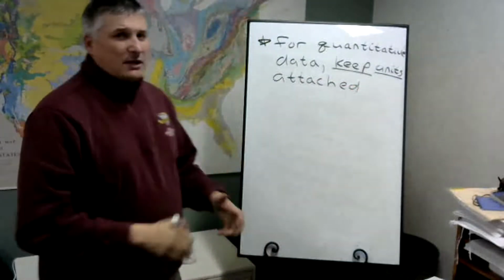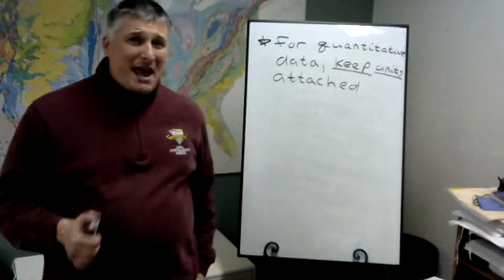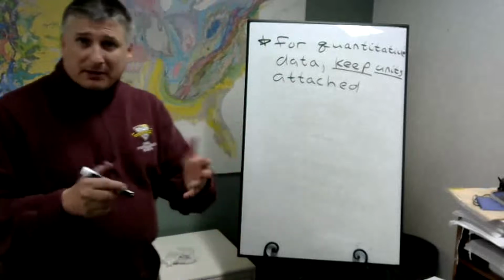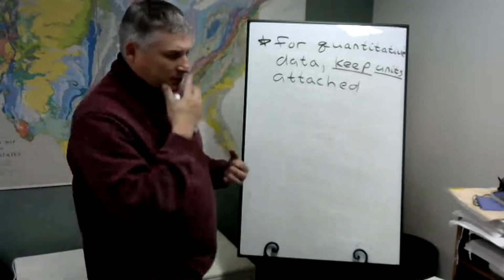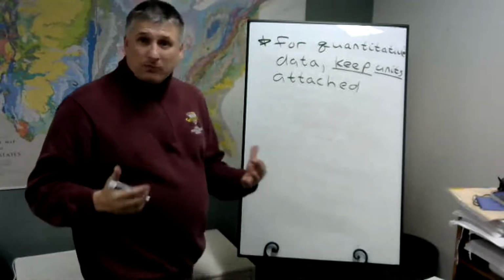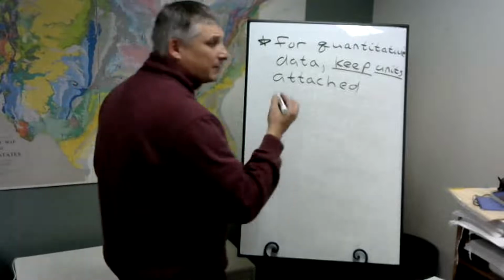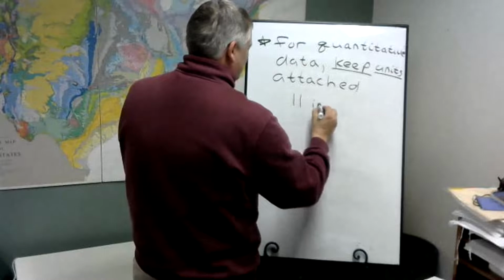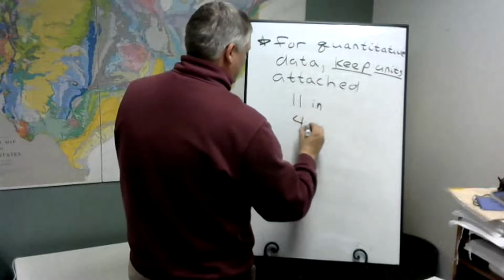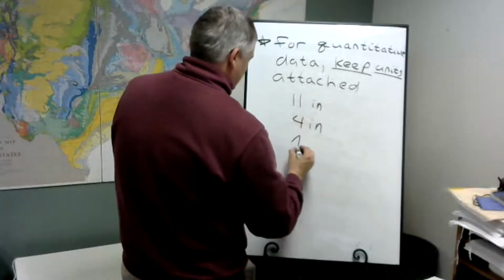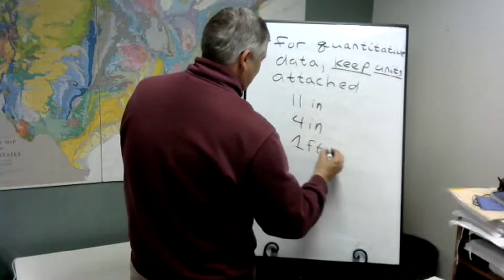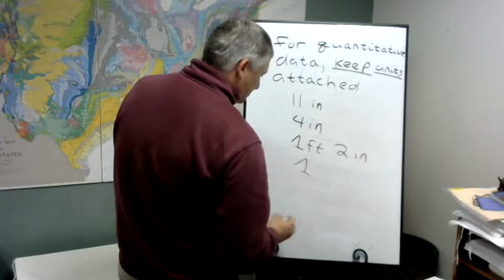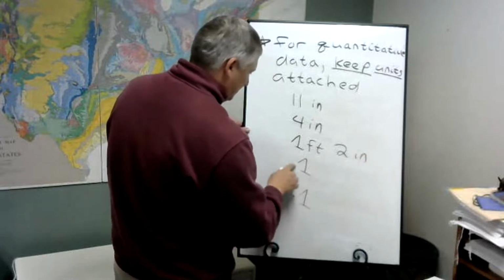For quantitative data, you want to keep units attached, and especially if you were doing some measurements. Let's say someone's measuring the lengths of rope for whatever reasons. They might record the lengths as 11 inches, 4 inches, 1 foot, 2 inches, 1 inch, and 1 foot.